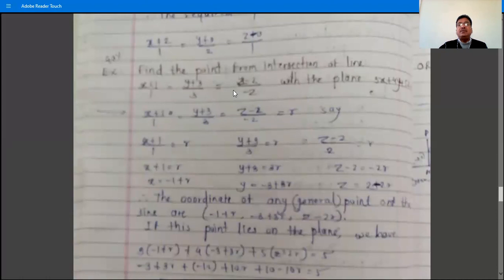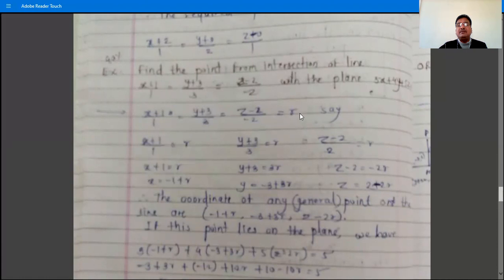The equation of the line is in symmetrical form: (x plus 1)/1, (y plus 3)/3, (z minus 2)/(minus 2). Suppose it is equal to r. Considering the first ratio, (x plus 1)/1 is equal to r, therefore x plus 1 is equal to r, and x is minus 1 plus r.